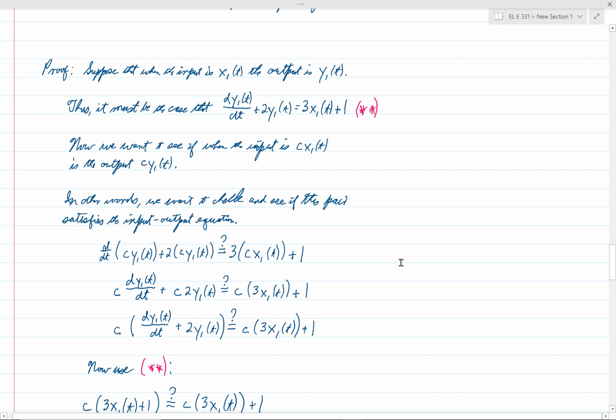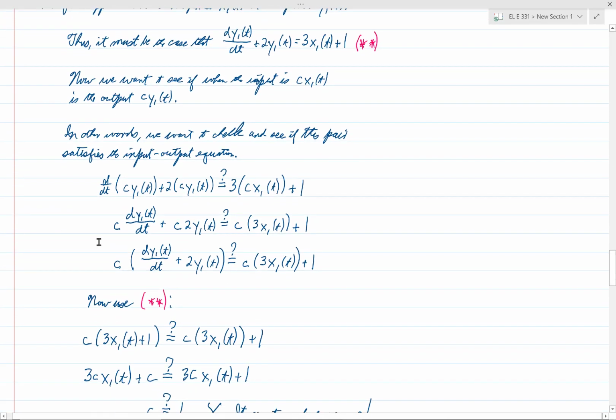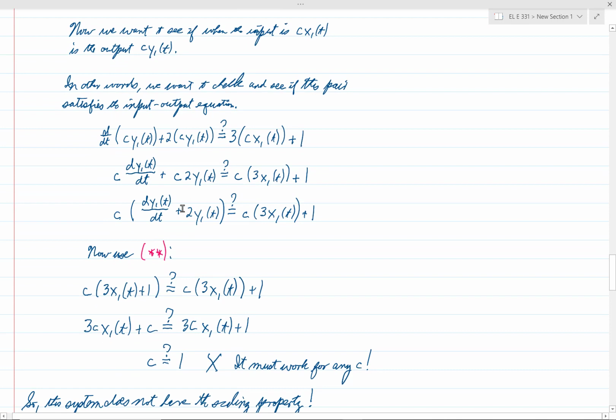Then, just as before, I will factor out the c on the left-hand side to be left with c times dy1/dt plus 2y1 of t on the left, and bring down everything on the right. And then the equation with the 2 asterisks tells me that dy1/dt plus 2y1 is 3x1 of t plus 1. So that's what I will substitute right here: 3x1 of t plus 1.